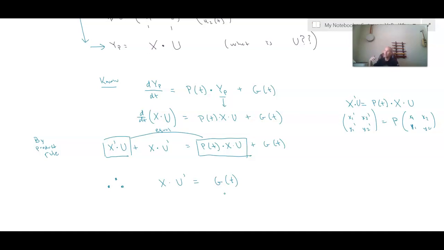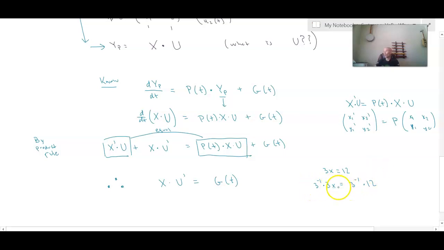Now, in the realm of working with matrices, there's no such thing as division by a matrix. Think about the equation 3x equals 12, an old algebraic equation. You could solve it by dividing by 3 on both sides, but another way to solve it is by multiplying by the inverse of 3. In the realm of working with scalars, with numbers, the inverse of a number is 1 over that number.